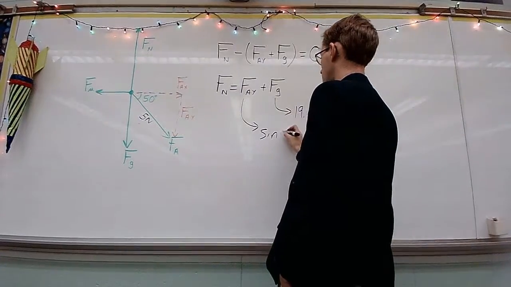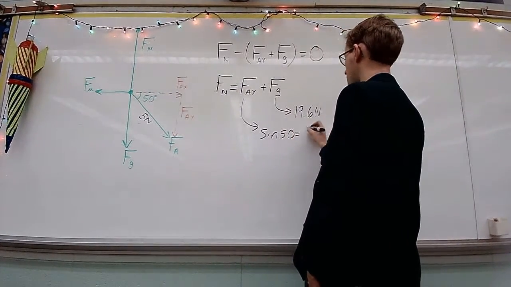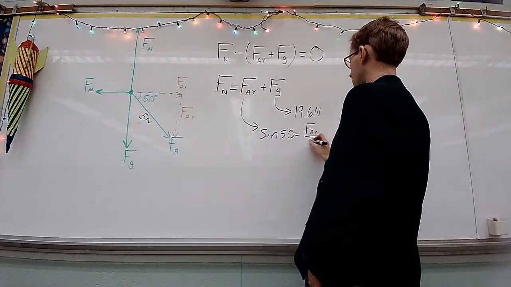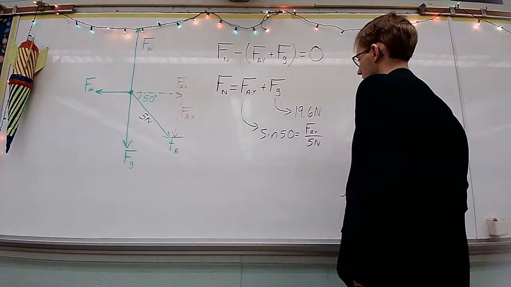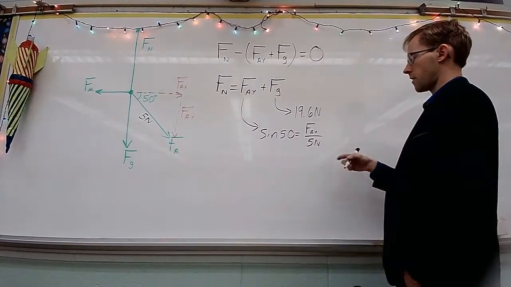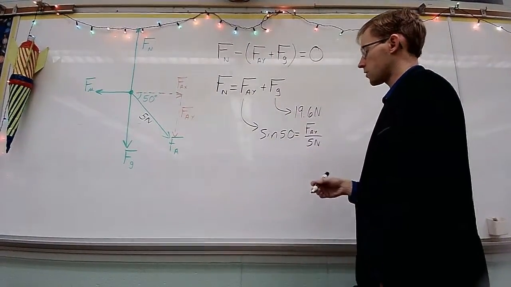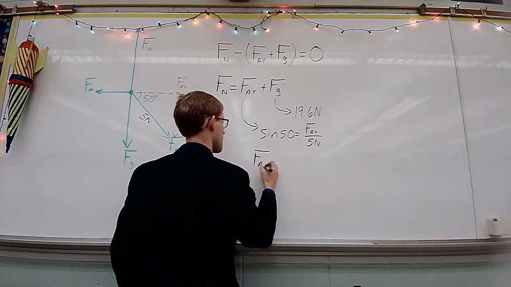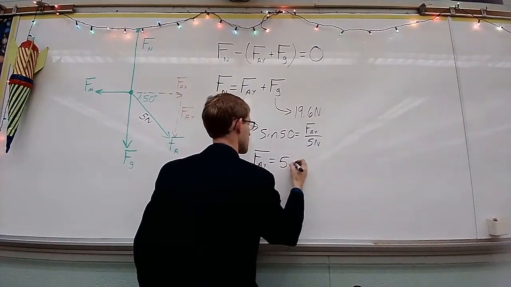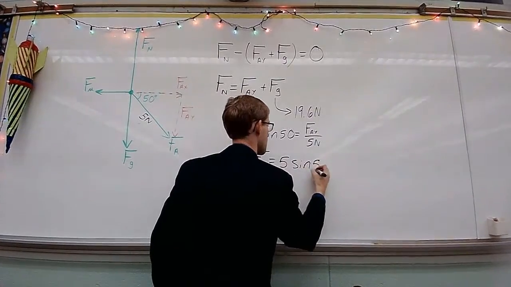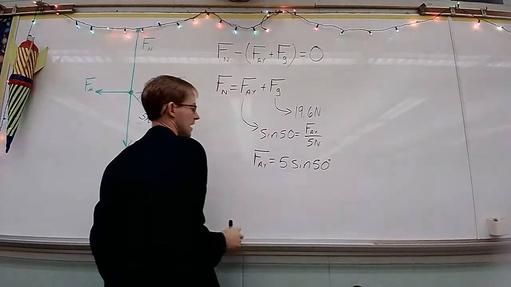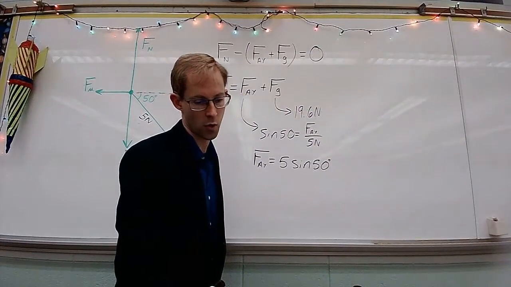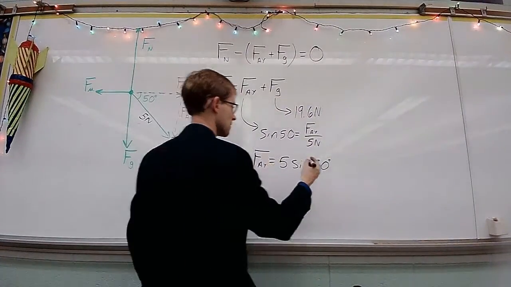So sine of 50 is equal to opposite, which is FAY, over hypotenuse, which is 5. And in order to solve for FAY, multiply both sides by 5. And when you do that math, you're going to end up with 3.83 newtons.